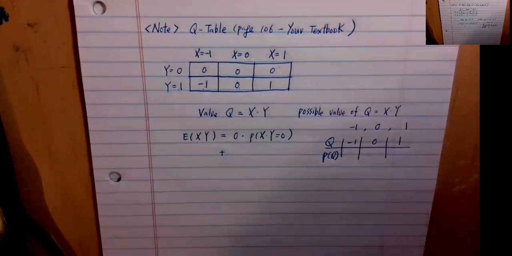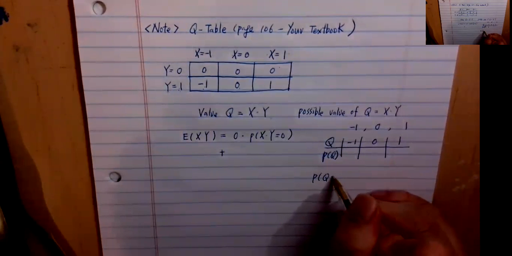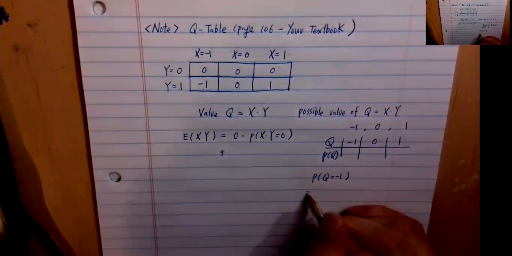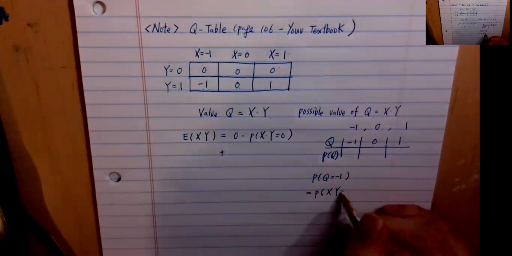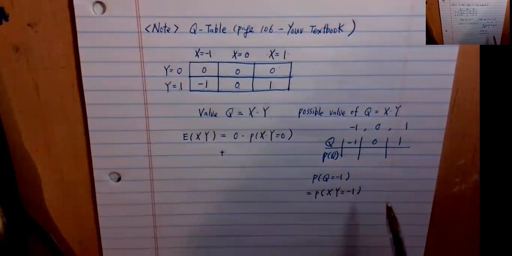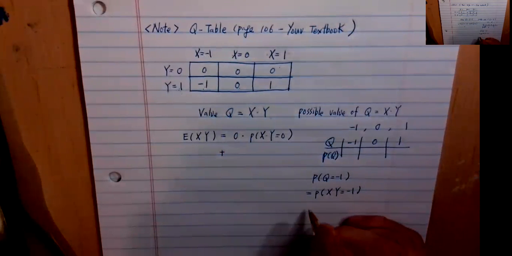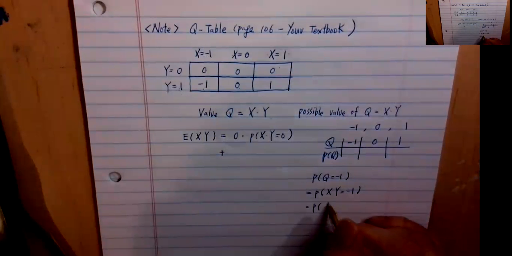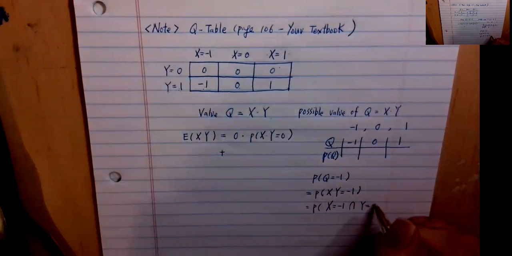So what is the probability that Q equals -1? That means X times Y equals -1. Look at this combination. The only chance you can get Q equal to -1 is from here: X is -1, Y is 1. So this is the probability that X equals -1 and Y equals 1.